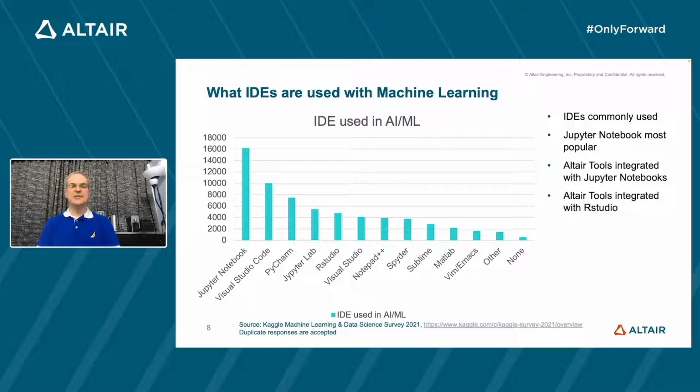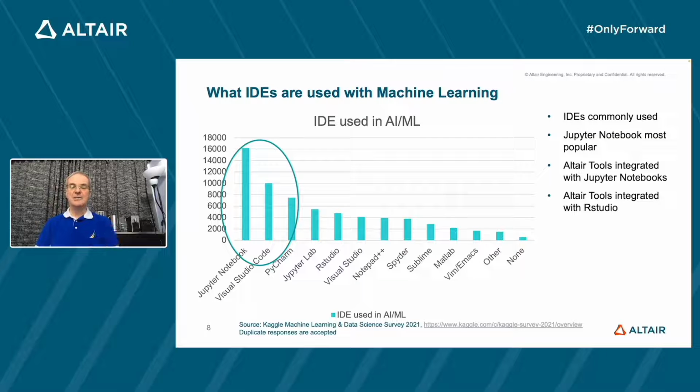Once again, using the machine learning and data science survey dataset from Kaggle, we can graph the most popular software integrated development environments for AI/ML. It is interesting that number one by far is Jupyter Notebooks. But again, that's probably not a surprise and may be skewed in this data set.